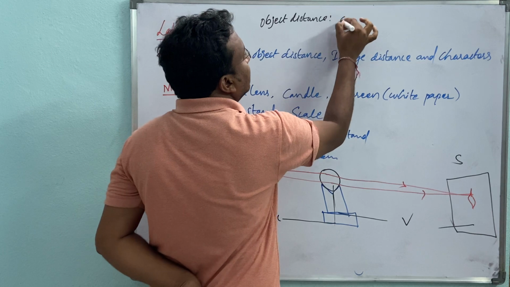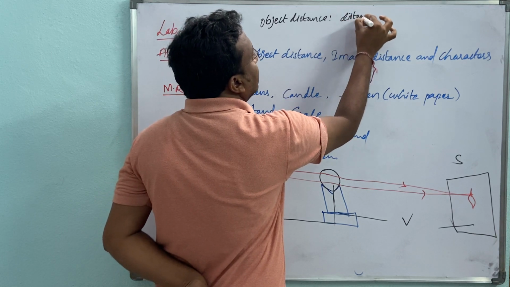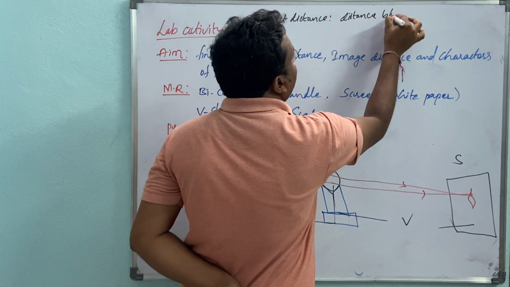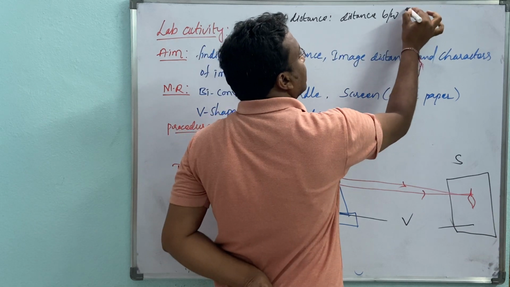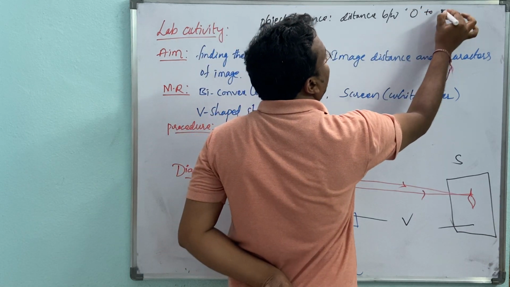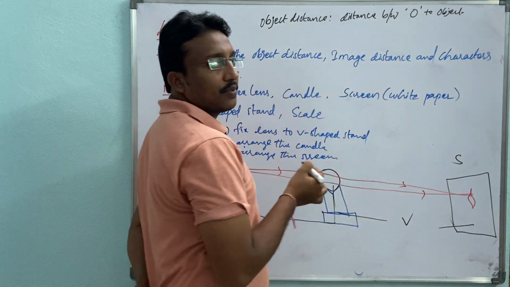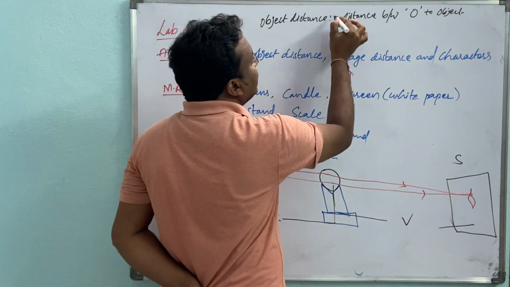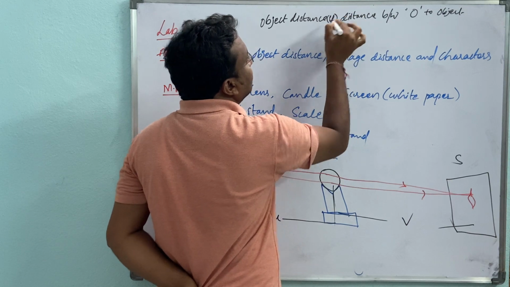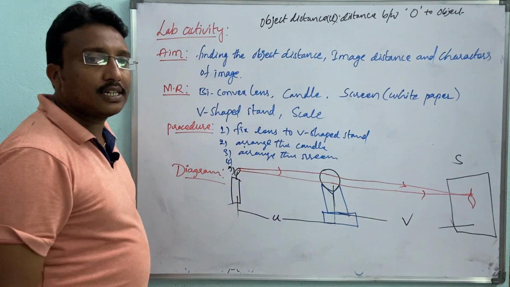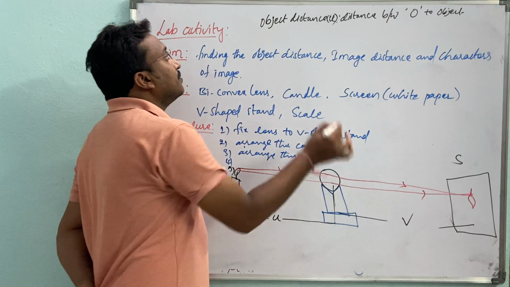Object distance means the distance between the optic center and the object. Right? Next, object distance we will designate with U.